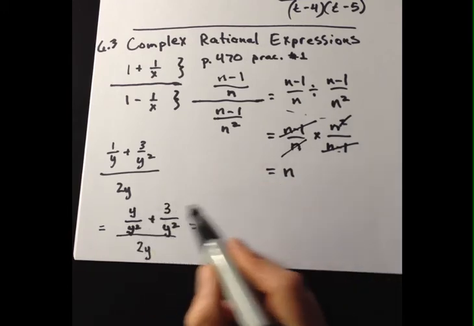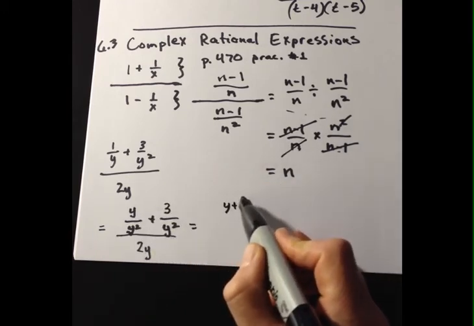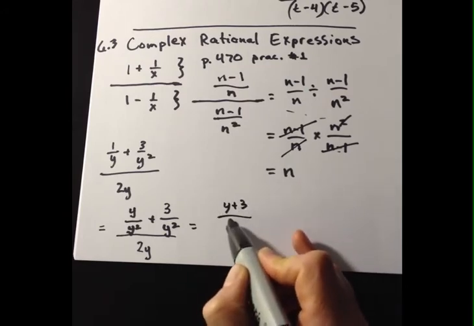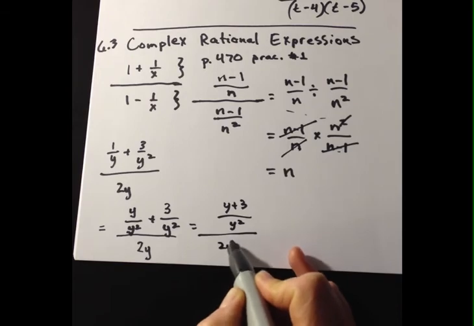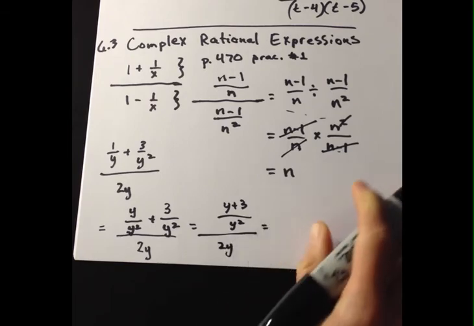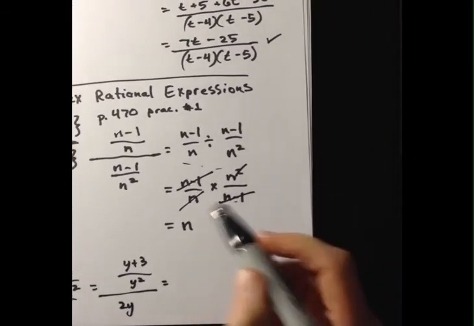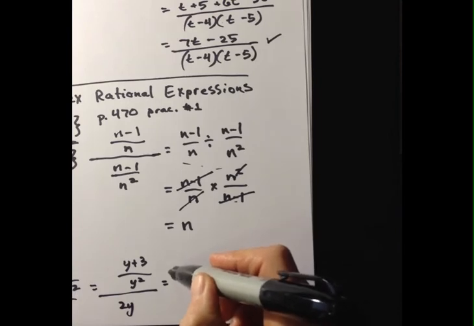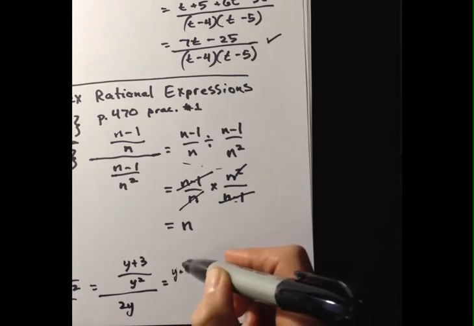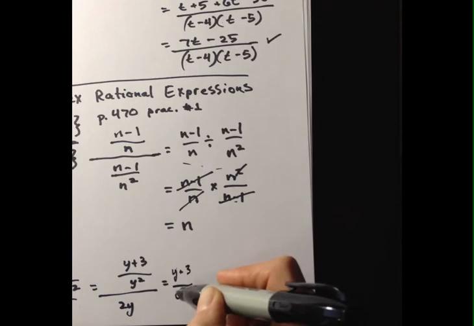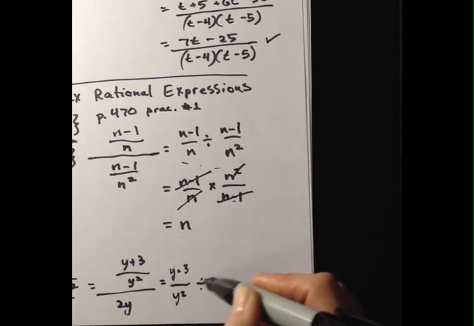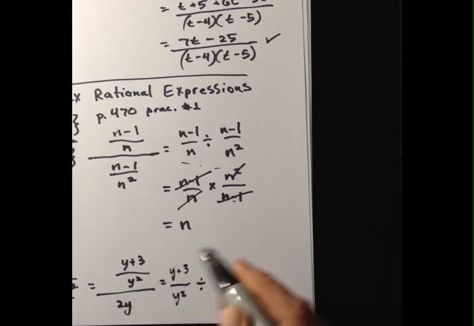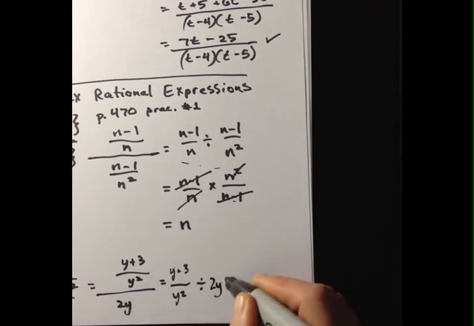Now I can add these two. This will give me y plus 3 over y squared, and this is all over 2y. Now I'm going to turn this around. Well, I'm going to write it first as a division problem. So y plus 3 over y squared, that's my numerator right here, divided by my denominator, divided by 2y.